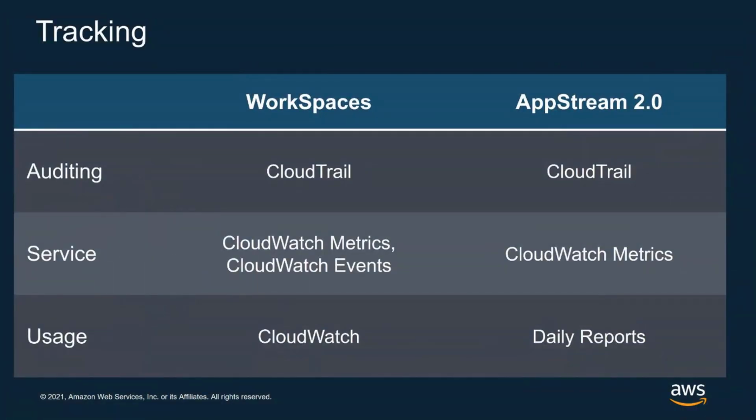Lastly, we're going to talk about monitoring and tracking and auditing, all very important things, because without an audit trail, how can I prove that I've secured my environment? WorkSpaces and AppStream do both keep everything in CloudTrail. Every action, everything you do is logged.